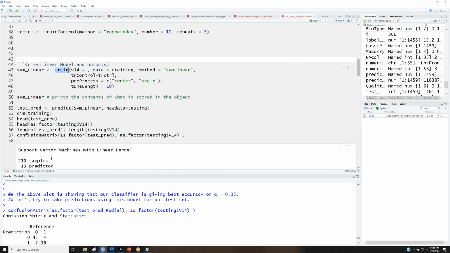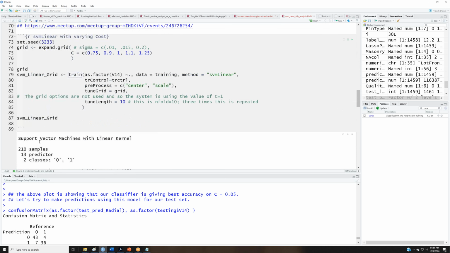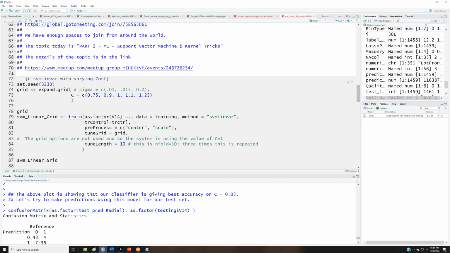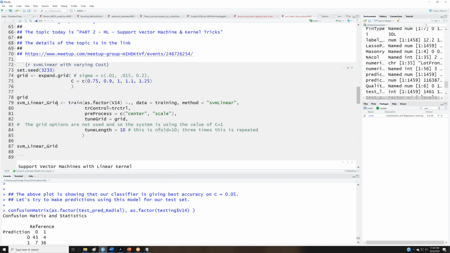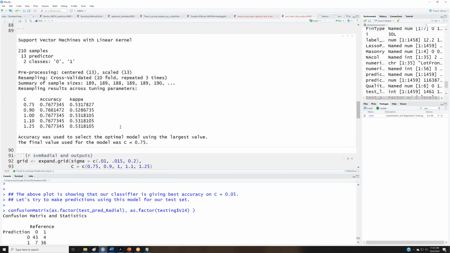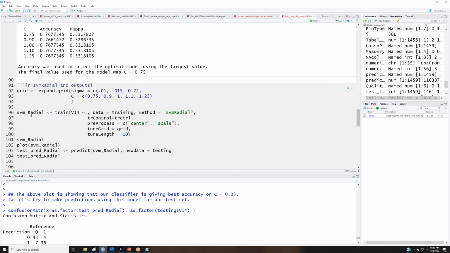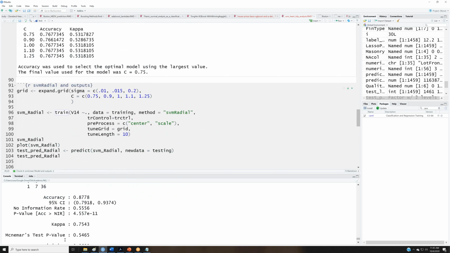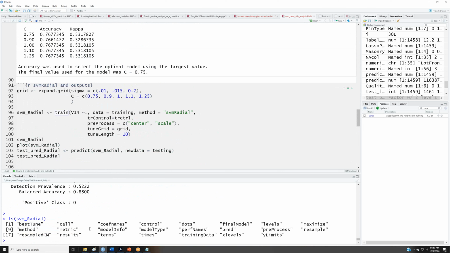I'm not even sure whether, not this one, this SVM here. Let me see whether SVM linear grid, no, this is not linear. I'm talking about this. One thing you can always do is go back and see the list of the object SVM radial. Maybe it has it, I don't know.